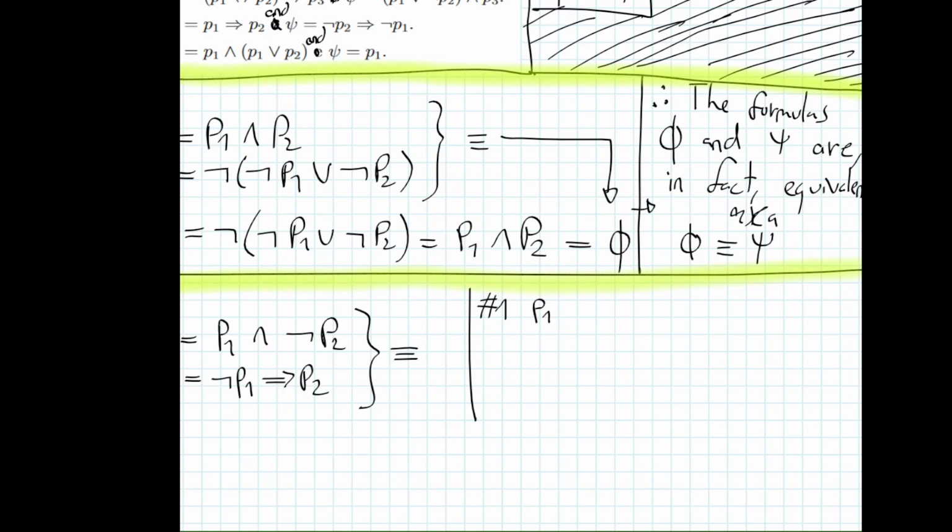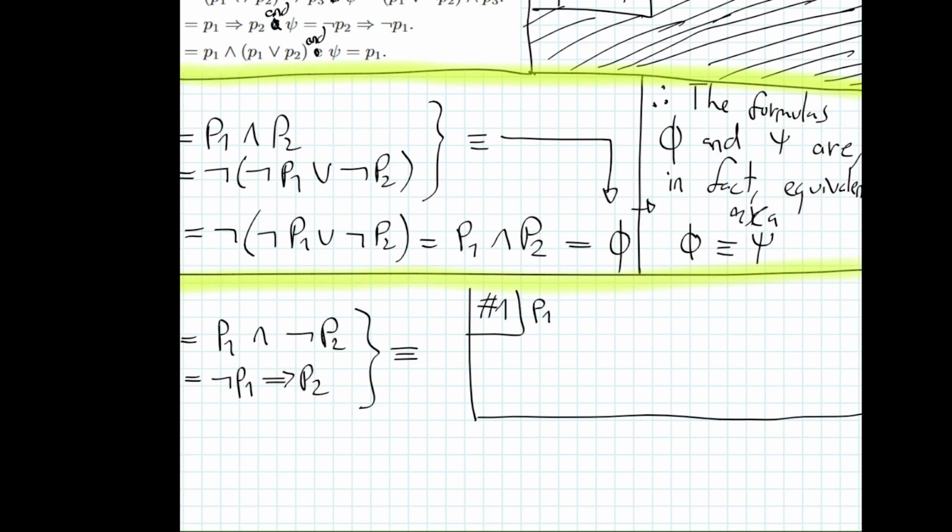Before we try to prove that the equivalence is possible, we're trying to prove that the valoration will be the same. So before trying to arrive from one formula to the other, we must first try to prove that they have the same valoration.